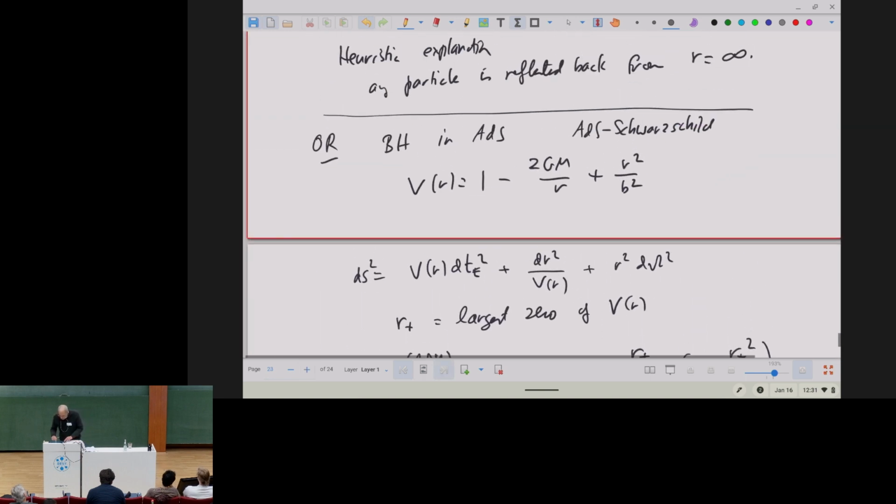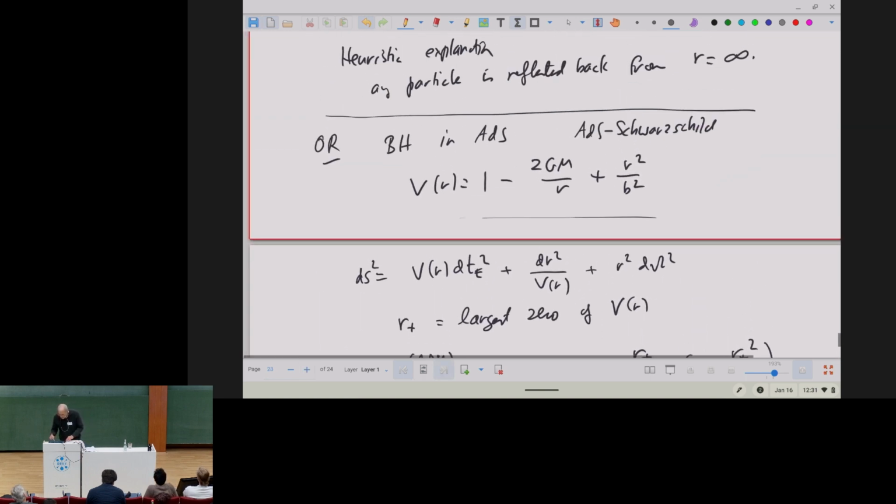So going back to this solution, you see that if b is very, very big compared to m, the fact that the cosmological constant is negative gives us this term. But if m is small, then you basically have a small black hole in a large anti-de Sitter space, in a space-time that's cut off at infinity by the fact that it becomes very cold at infinity in the way I explained.